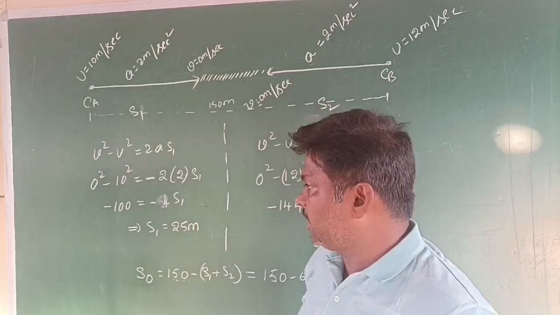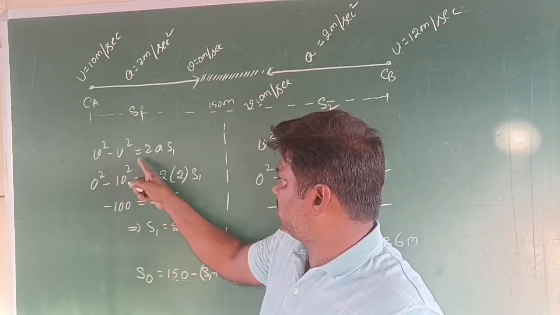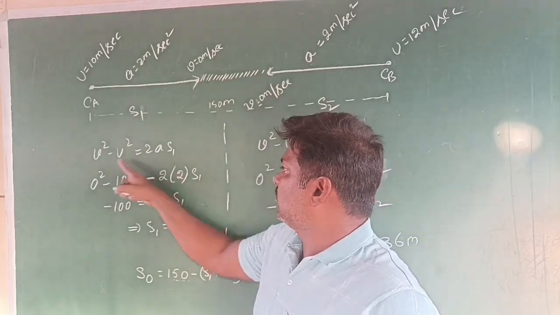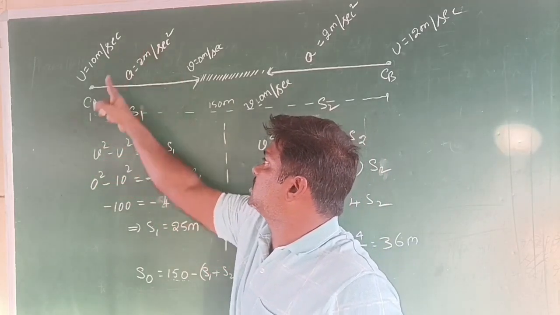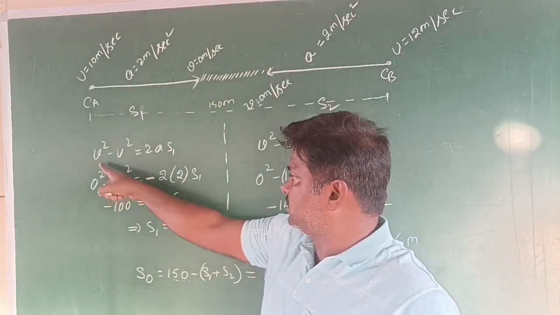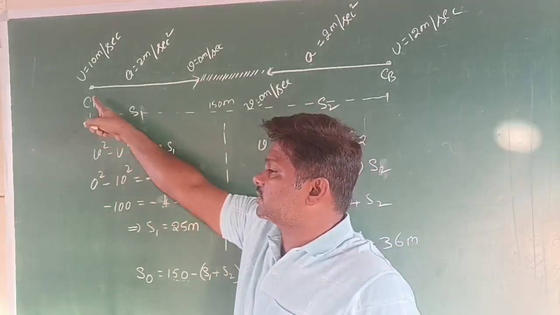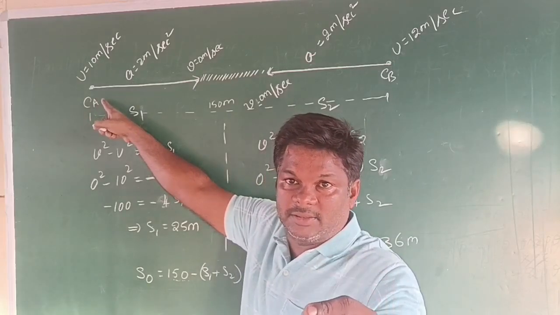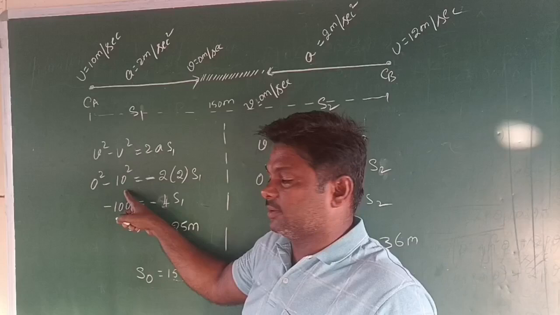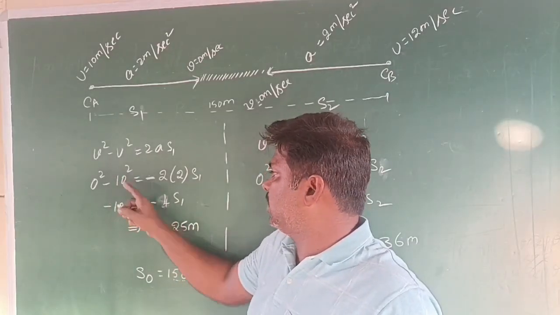For that we need to calculate S1 first, by using the formula v square minus u square is equal to 2as. What is v? Considering this diagram, final velocity is 0. When he applied brakes, its velocity is 10 meters per second, that's why u is equal to 10.